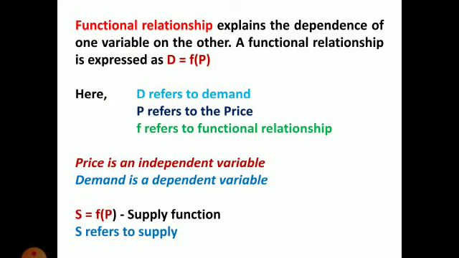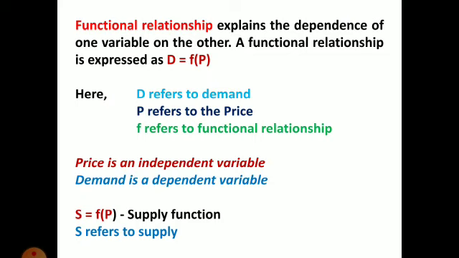In this case, that is D is equal to F of P, demand is a dependent variable. P is an independent variable. Demand depends upon price. That's why we say D is a dependent variable and P is an independent variable.